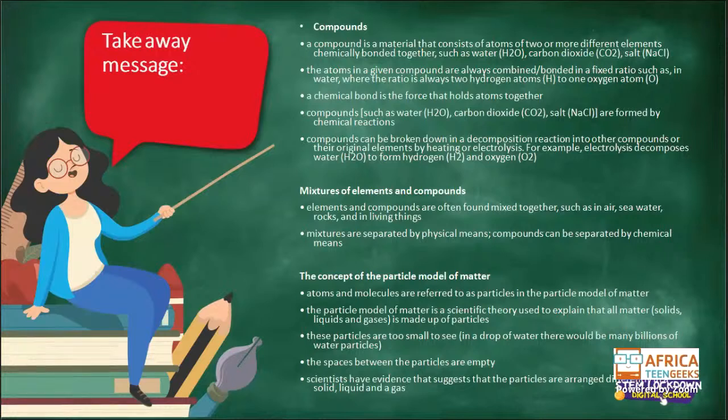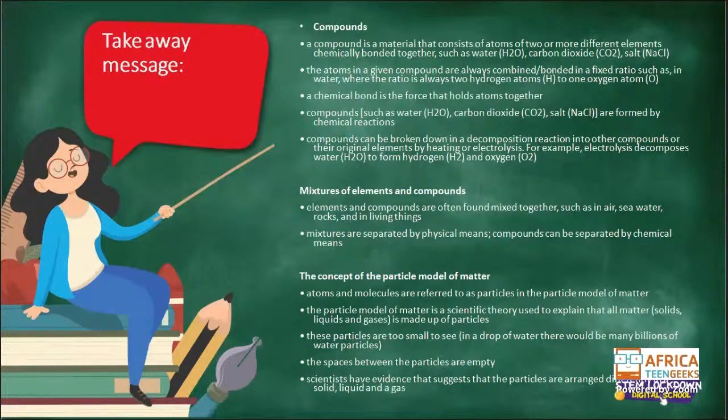Then we looked at the concept of the particle model of matter. Atoms and molecules are referred to as particles in the particle model of matter. The particle model of matter is a scientific theory used to explain that all matter, that is solid, liquid, and gases, is made up of particles.